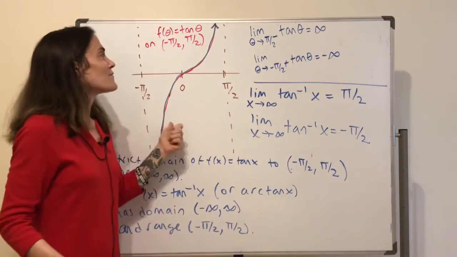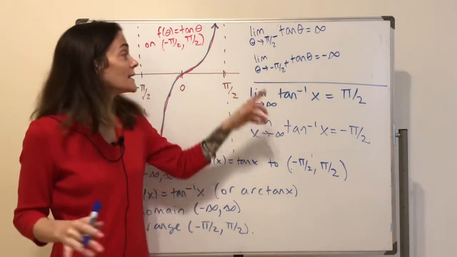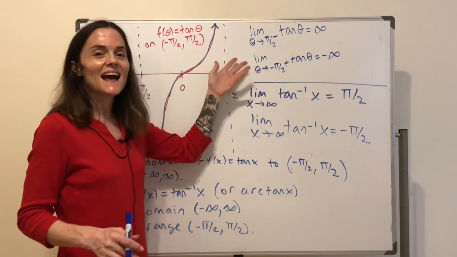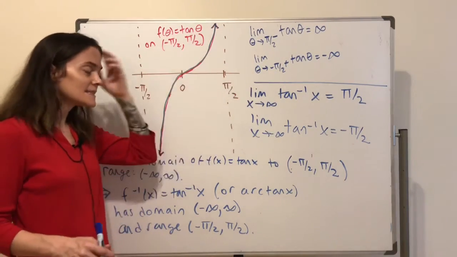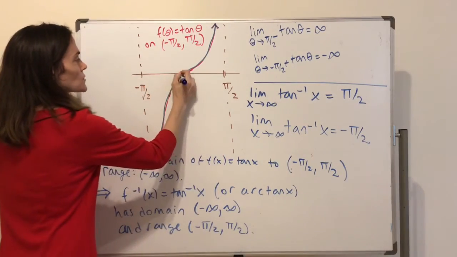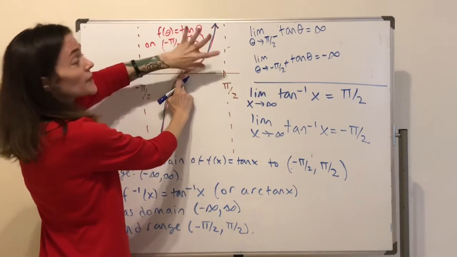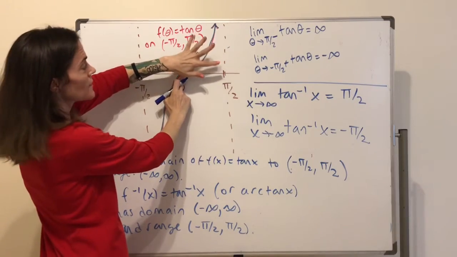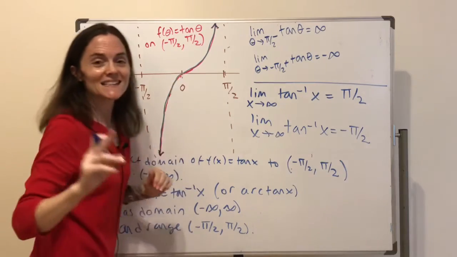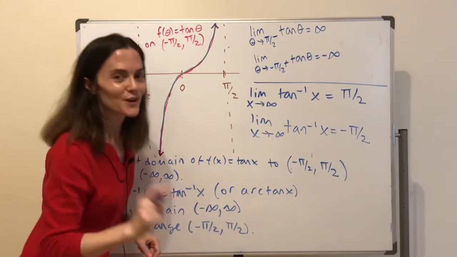To get the graph of the inverse tangent, which as I mentioned is defined on the whole real line, and we can calculate the limits at infinity by looking at limits for the tangent. But the way we get the graph is you take this one, and then there's a line y equals x, which goes through here, and you flip about the line y equals x. Okay, so try to visualize this, flipping this about the line y equals x. Try to visualize it now, because I'm about to draw it for you.